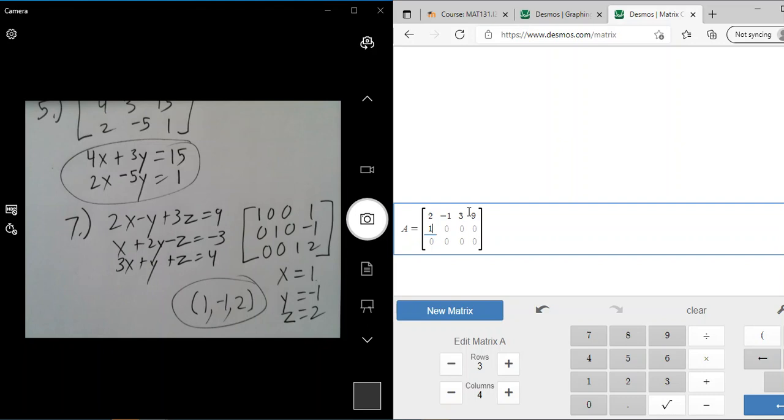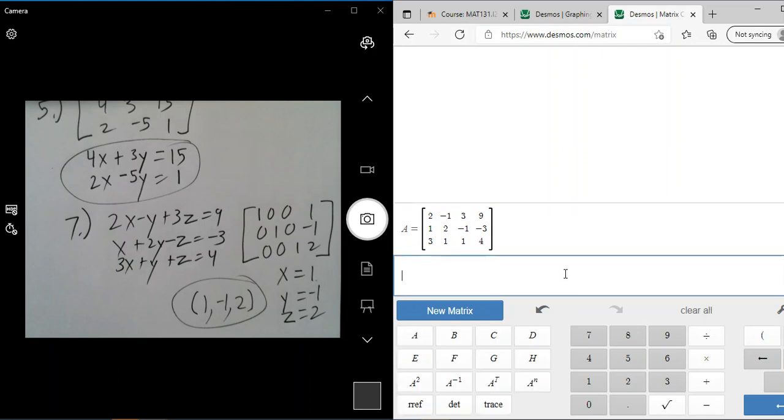Then we have 1, 2, negative 1, negative 3, and then we have 3, 1, 1, and 4. Okay, so now we have our matrix.